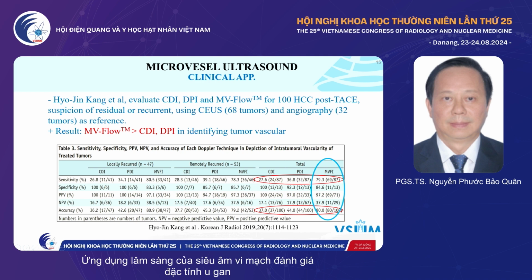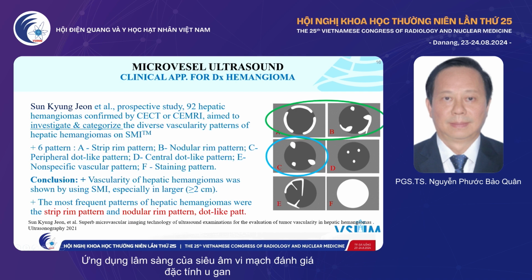The study proved that microflow ultrasound is better than conventional color Doppler in identifying tumor vessels. And this is a study by Dr. Giảng and colleagues. In a prospective study, they investigated 92 hepatic hemangiomas confirmed by CT and MRI.